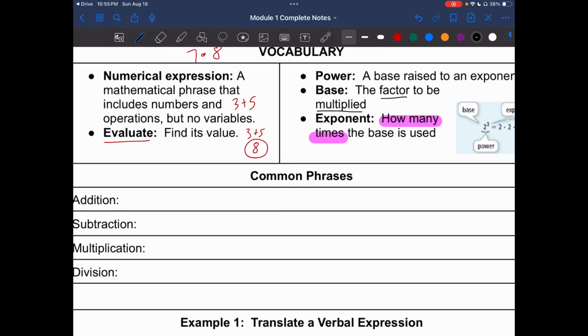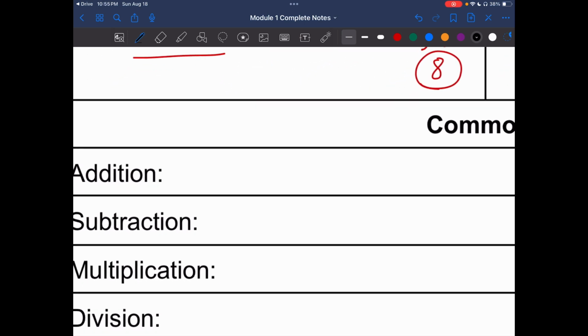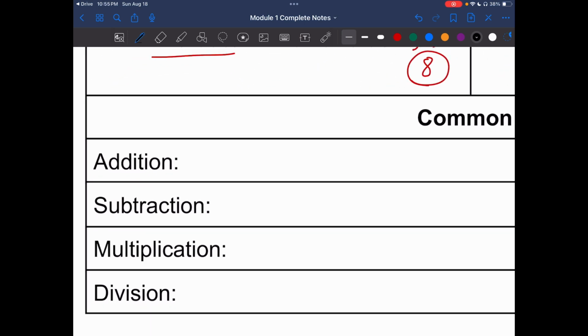Now, we're going to add in some common phrases that we use when we are talking about math, expressions, and the operations that we're doing. For addition, the most simple phrase is simply plus. Another one would be sum. We could also talk about it being the total.